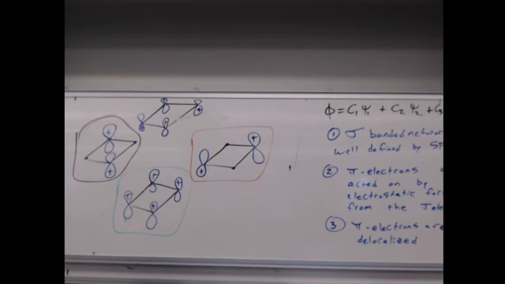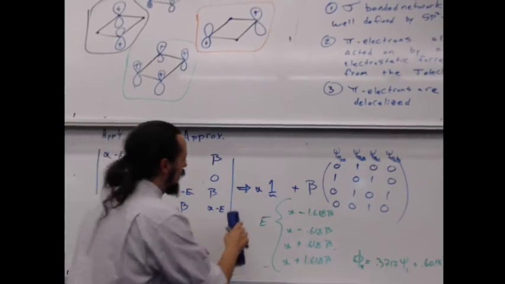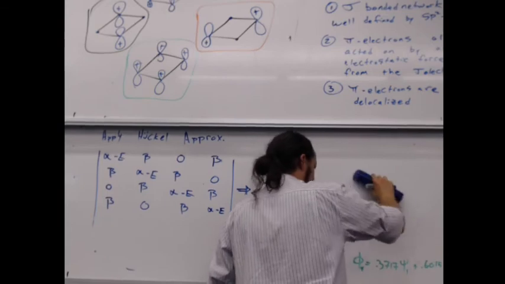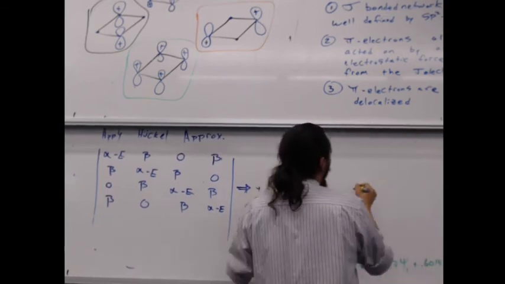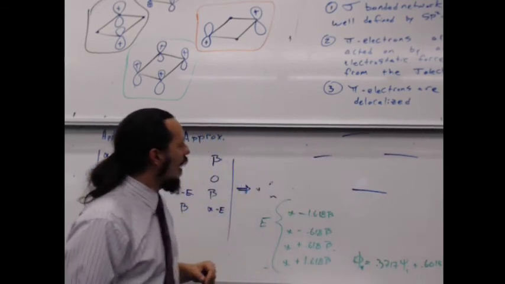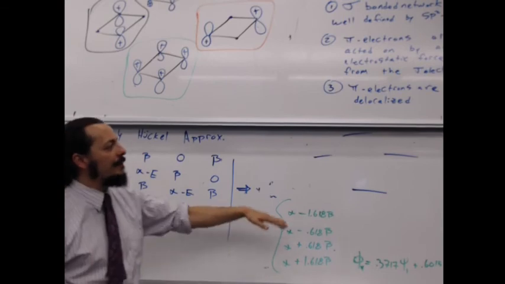So what this has done, and then I can translate this picture into an energy level diagram for this cyclobutadiene, where I'm going to have 4 energy levels.